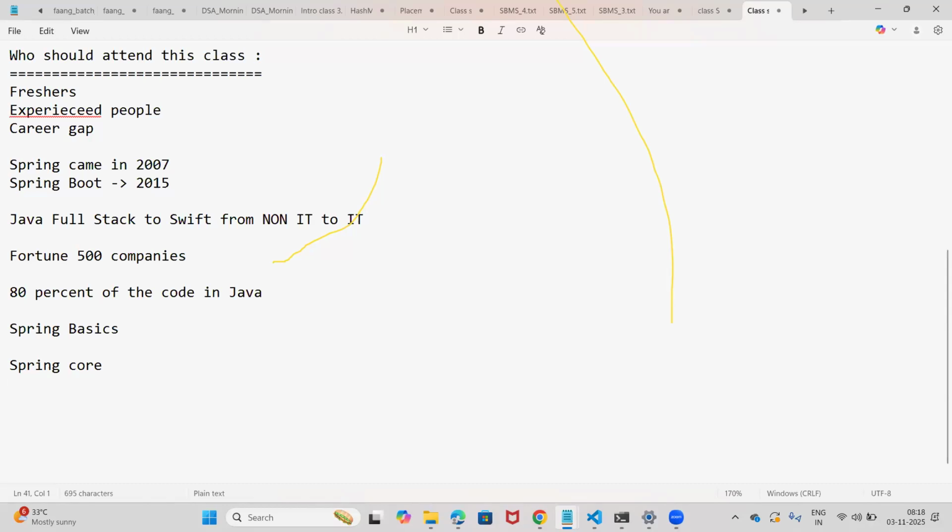And I will throw some light, some insights, on all the 9 modules of Spring Boot on a high level, but I will teach these 2 modules in detail. Clear?